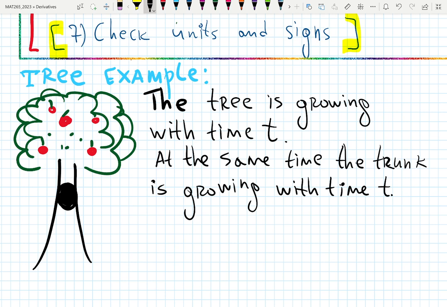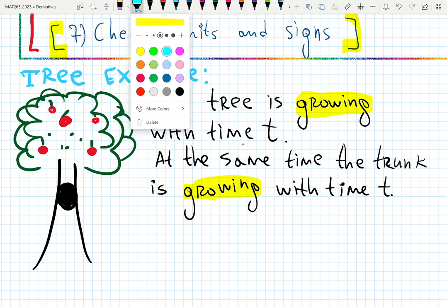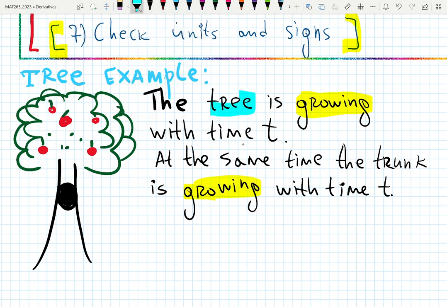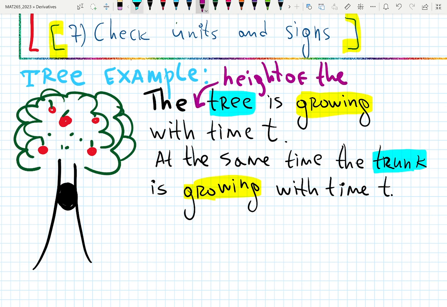So we have two things happening, two changing behaviors. Something is growing, something is growing. But these two things are different. The tree is growing up, that's the height. And the trunk is growing, but not growing up. It goes to the width. So let me write down that it's the height of the tree growing.